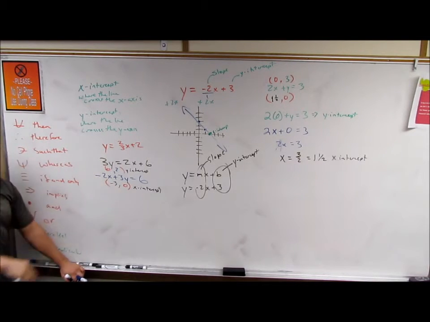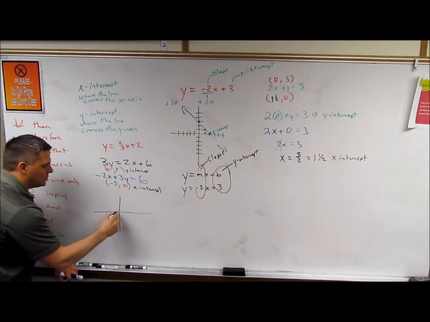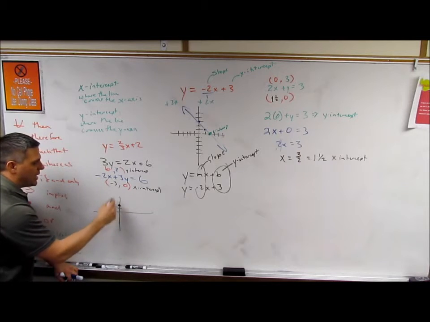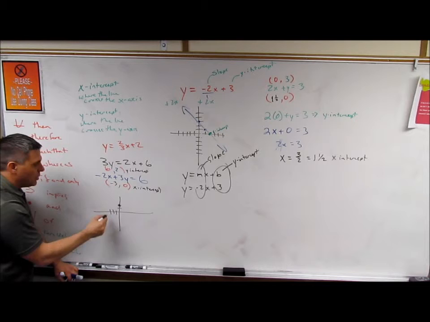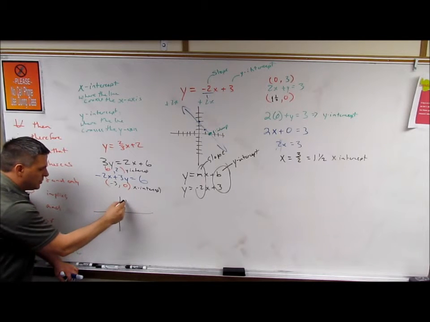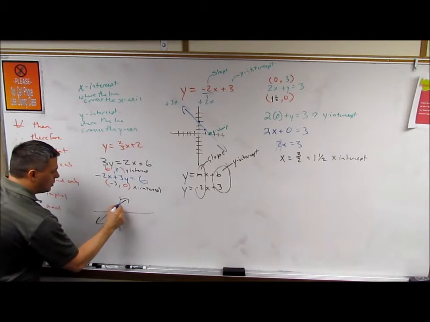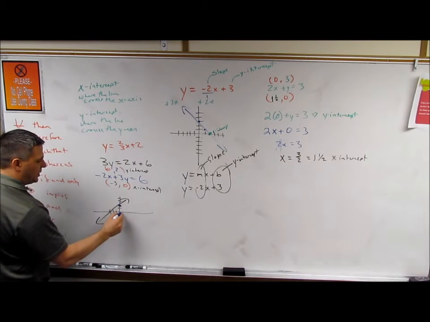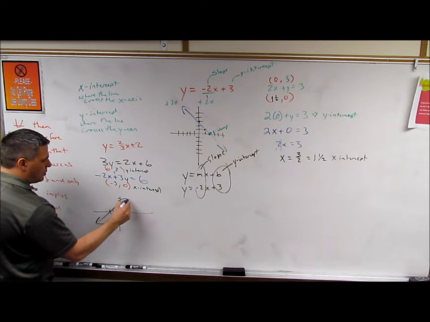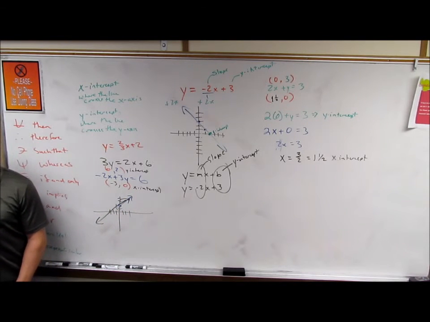And if I graphed it, I would have 0, 2, and negative 3, 0. So this would be my line. Now what if I graphed this line? 2, and up 2, right 3. Oh, same line. Right?